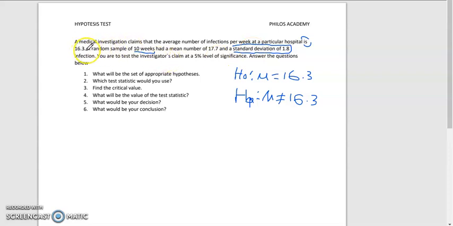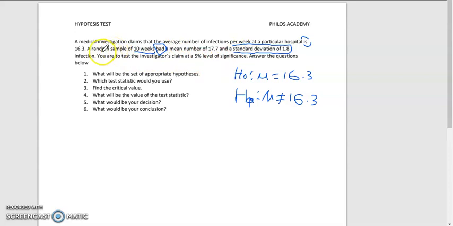A random sample of 10 weeks had a mean number of 17.7 and a standard deviation of 1.8. When you see this word had, it means that this mean and this standard deviation are referring to the sample.